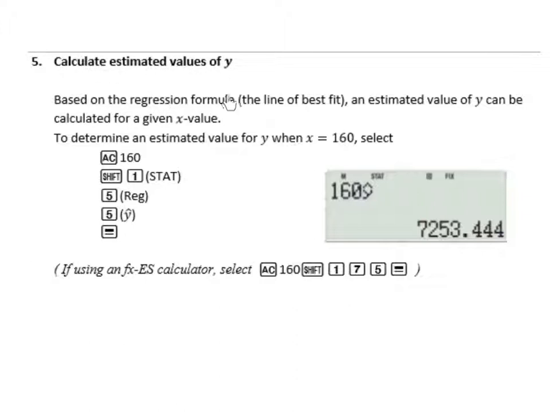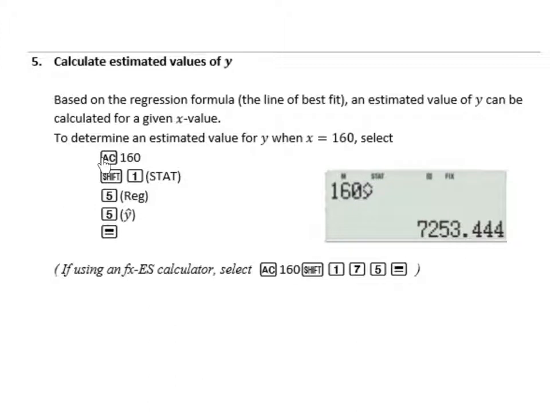Step 5. To calculate the estimated values of y. Based on the regression formula, or the equation for the line of best fit, an estimated value of y can be calculated for a given x value. To determine an estimated value for y when x is equal to 160, for example. So if x is equal to 160, we want to estimate what would the y value be.